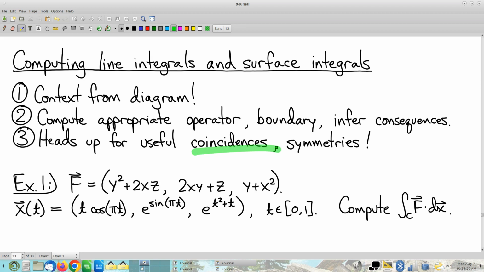Always worth thinking about, hey, is there some awesome geometry argument that's going to make my problem easier? Might there be a symmetry that I can capitalize on? Always something to keep an eye out for, right? But other than that, the diagram tells you what your candidate theorems are. Do whatever seems most reasonable. Here we go. Let's see our first example.